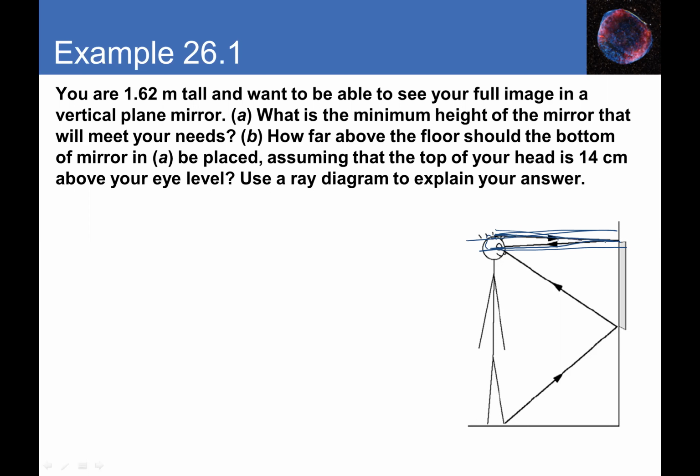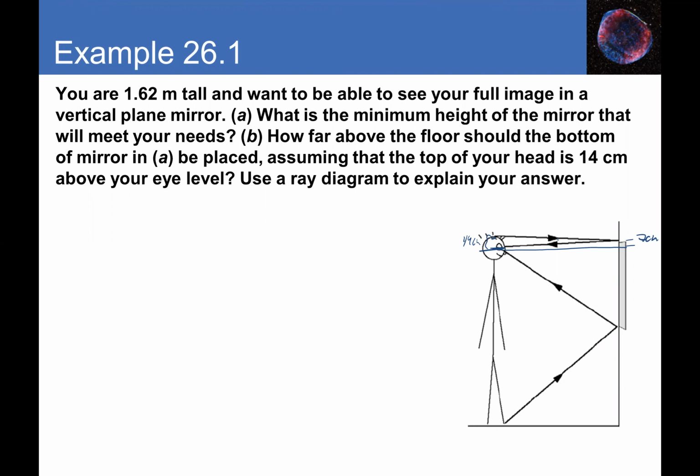It has to go halfway, strike the mirror, and come back. Since this distance is 14 centimeters, this one should be half of that, so it should be 7 centimeters.